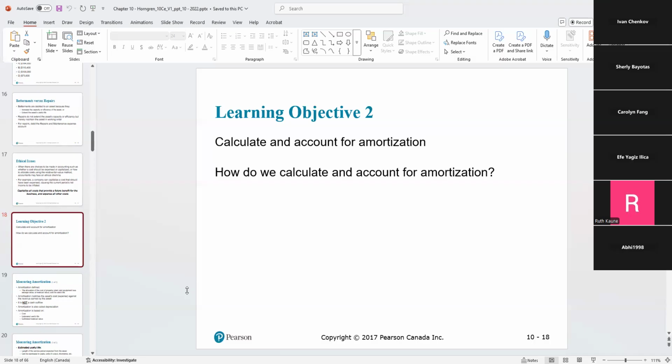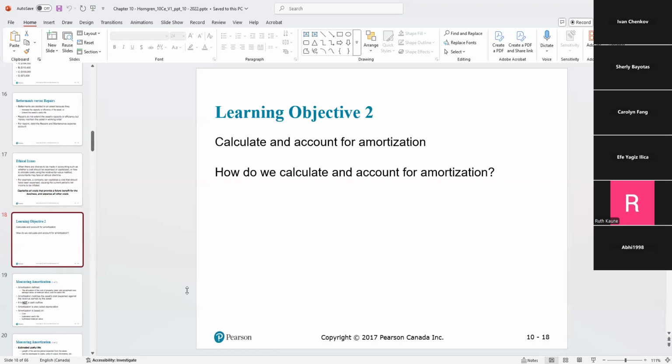So, okay, you're operating, you're generating income. So if you don't transfer the cost of that asset, which you're using to generate income, into the expenses, your income is going to be too high. And you're going to show the assets, which are brand new, sitting on the balance sheet, which in fact is not true. Why? Because you're already using it to generate income.